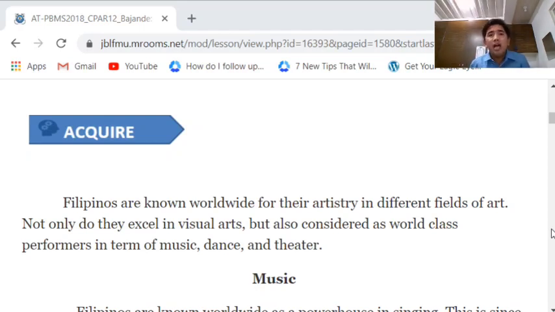In that manner, the music that we have today is the product of all the developments that music has been through over the years, from Spanish to Japanese to Americans. They all contributed to the music that we have today. So enough of that, we will discuss it later.